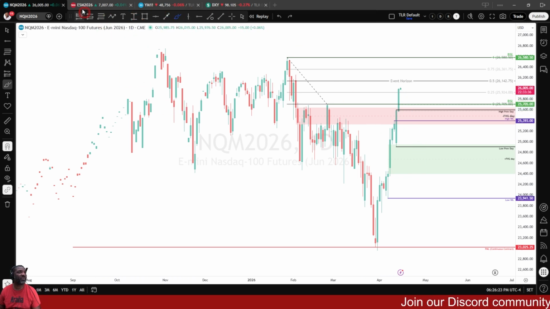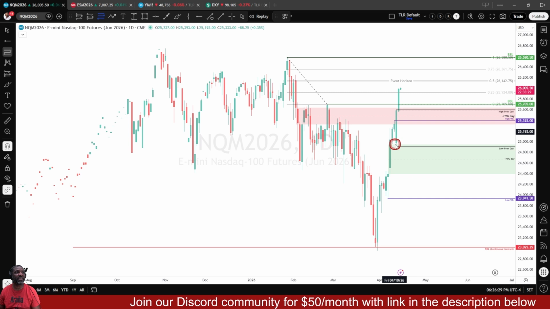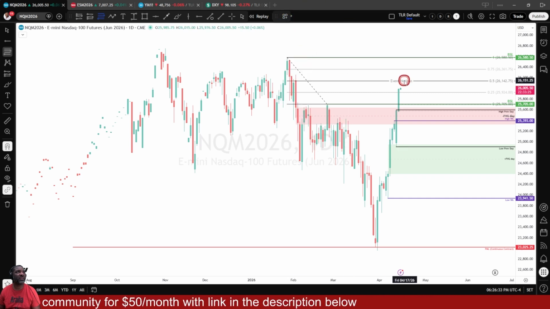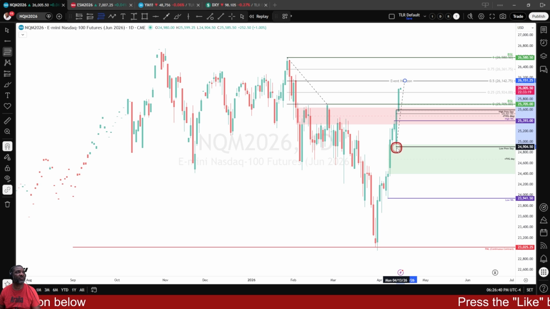Let's see if we go to event horizon, would that put this in the discount if we go all the way to the low of this range? So let's go to CE and click up there roughly around event horizon, and let's go down to where we take off from this range.